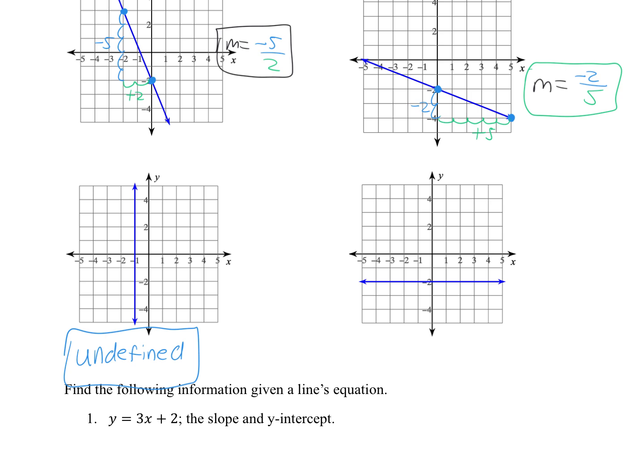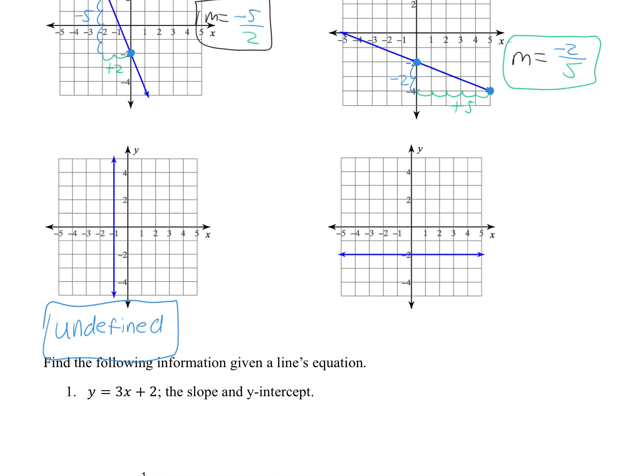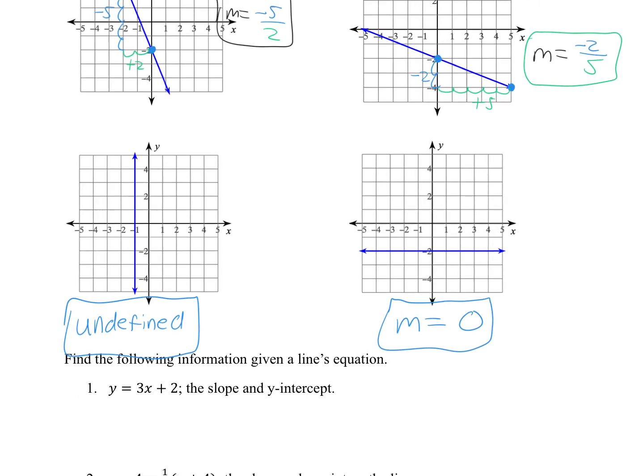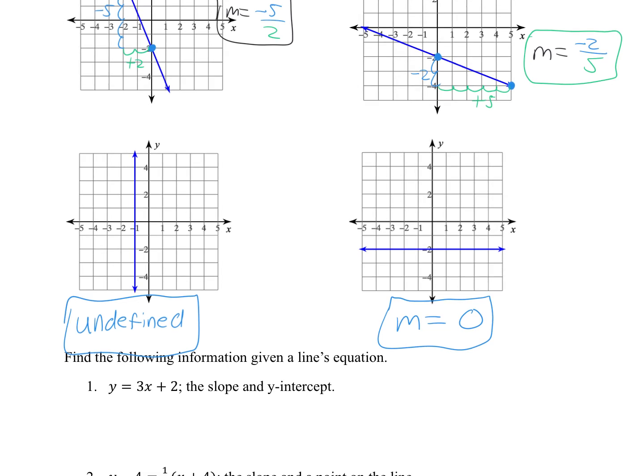Similarly, any horizontal line is going to have a slope of 0. Super important that you guys know this distinction. They're going to be tested on this, all right? So any vertical line is going to have an undefined slope, and any horizontal line is going to have a slope of 0, right? Do not mix them up. They're two completely different answers.